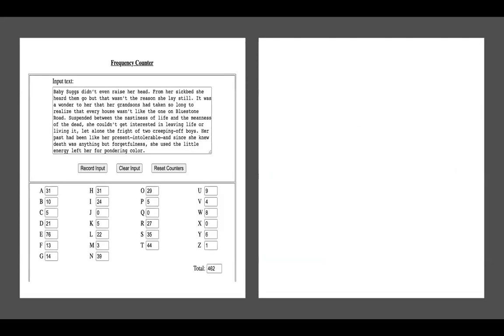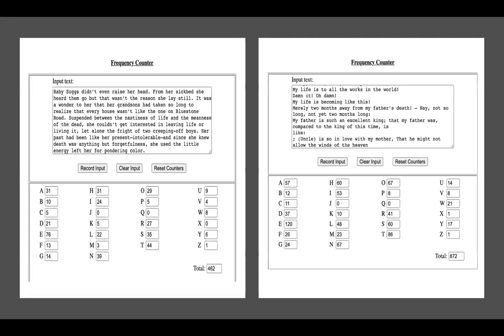Okay, so a way to actually decode the cipher is by looking at the frequency for letters to occur in our language system. So these are two texts pulled from two different literature works, and you could see the trend that the letter E occurs for most of the time in the language system.